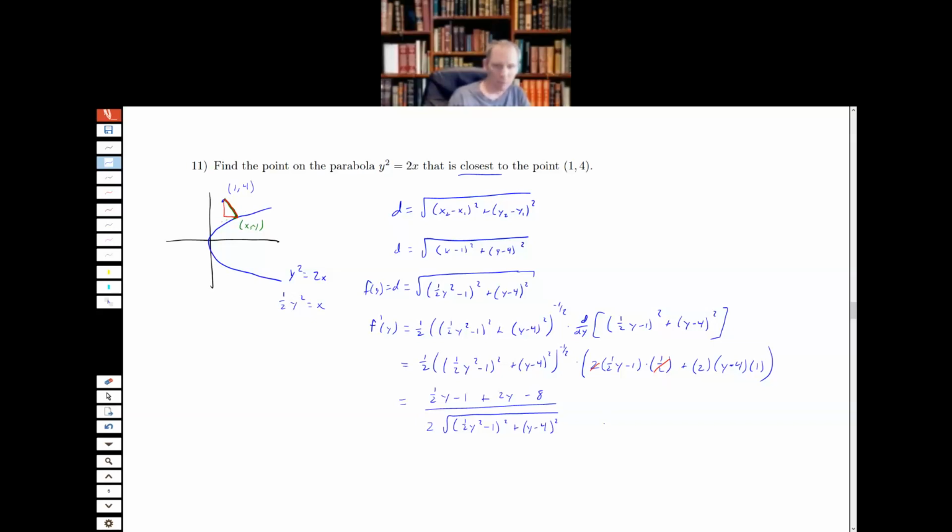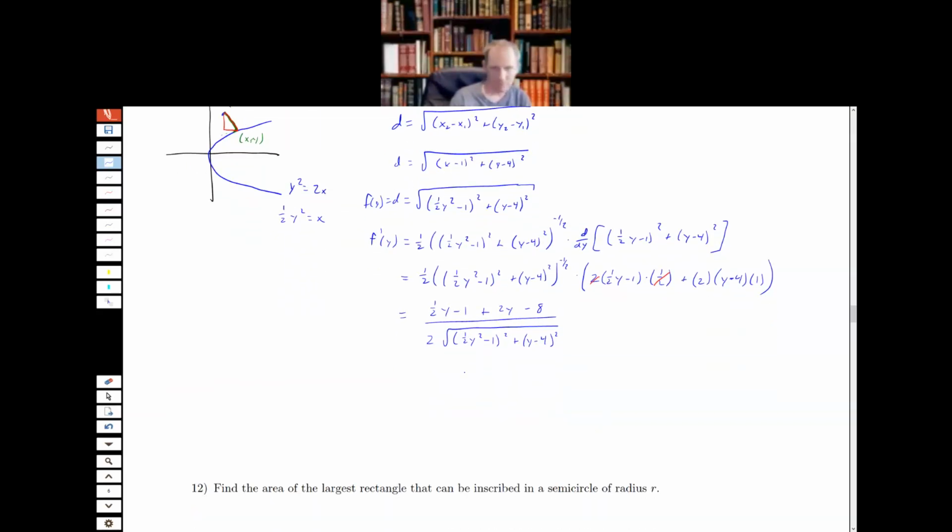To find critical points, I need to figure out where the derivative is either 0 or undefined. So let's look at where f prime is equal to 0. So I have 1/2 y minus 1 plus 2y minus 8 equals 0. Okay, so 2y plus 1/2 y is 5/2 y.